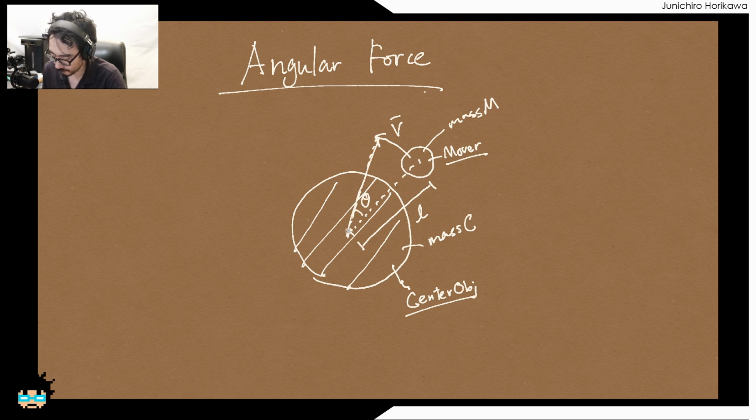Checking from the center of the center object, we can define the angle theta to be the amount we want to move at each frame, which is not always the same value as this unit V, so unit V might be a bit smaller, somewhere like this. This is just an angle.